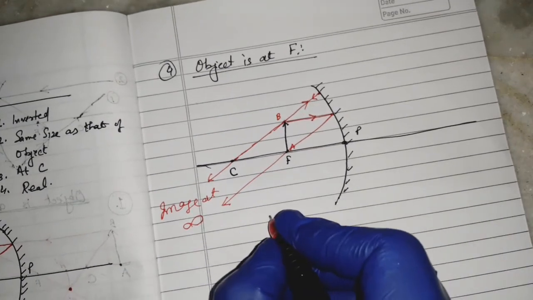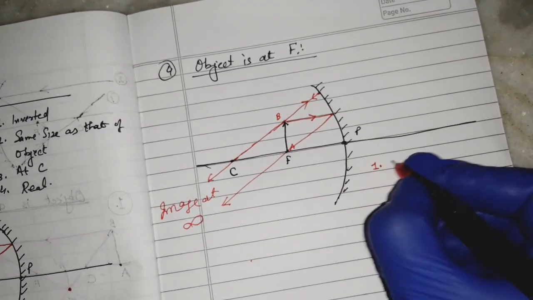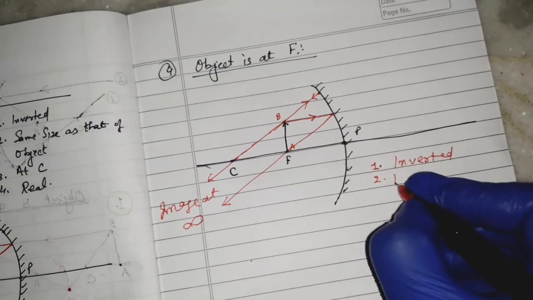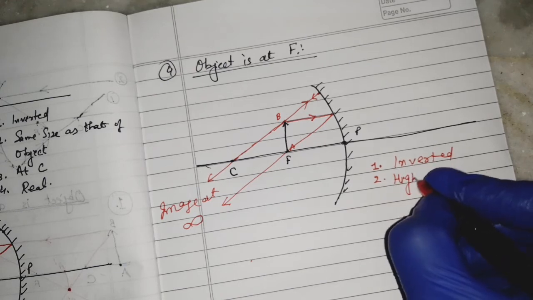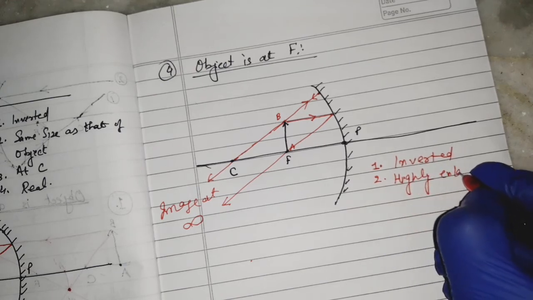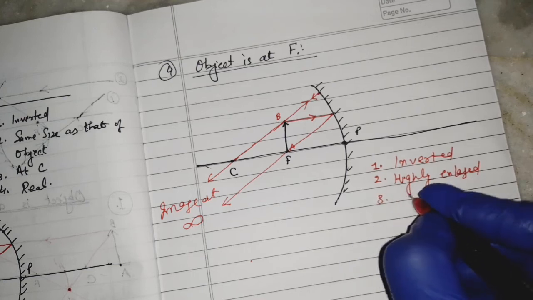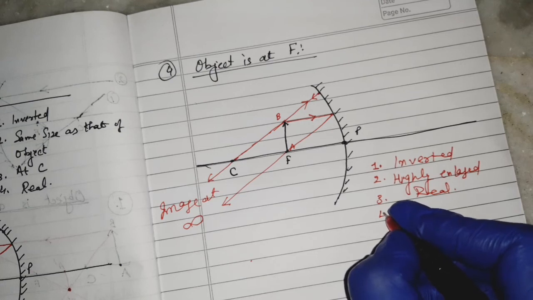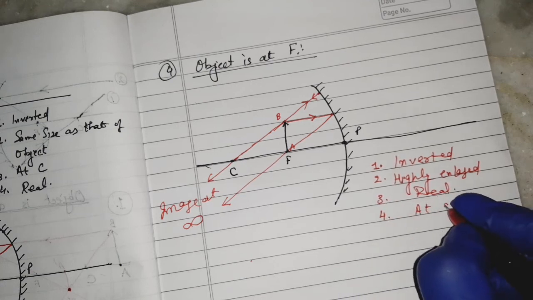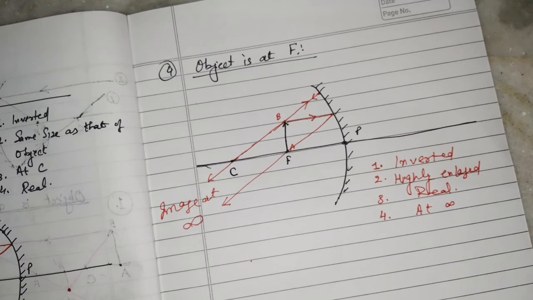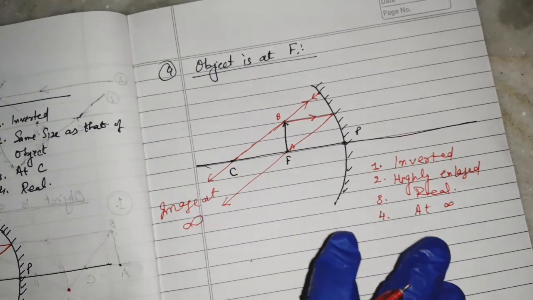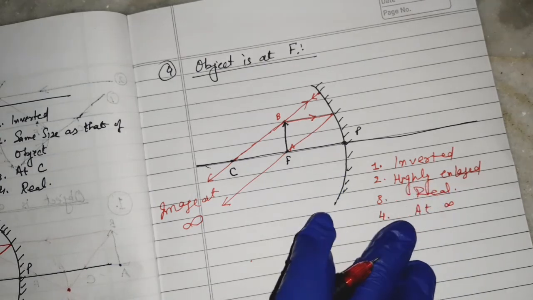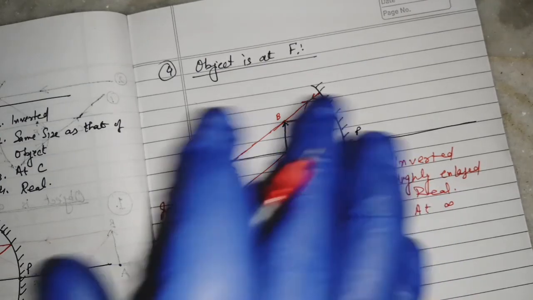So the number 1 thing we can say about the image: inverted, number 2 highly enlarged, number 3 real, and number 4 at infinity. So in this case the image is formed at infinity and it is real, highly enlarged and inverted.